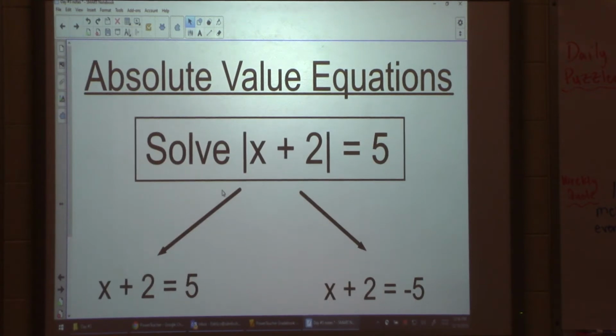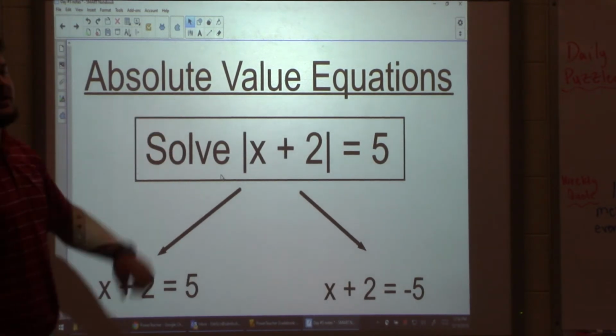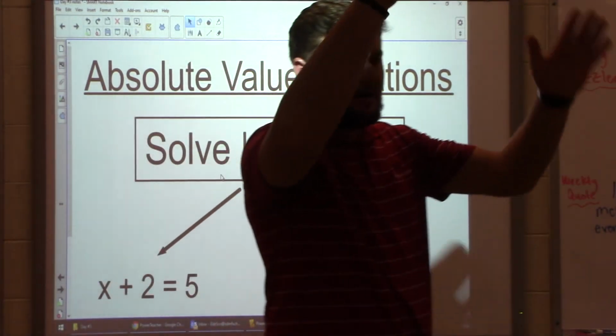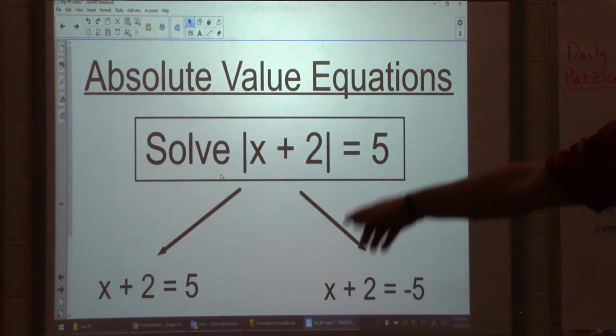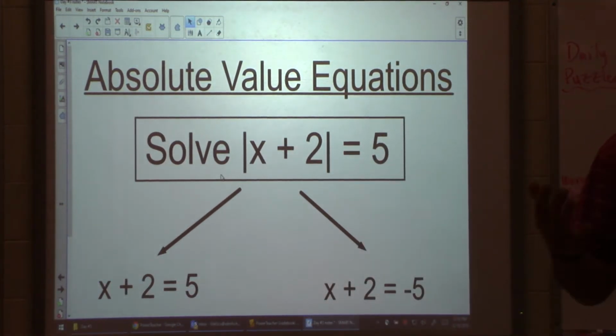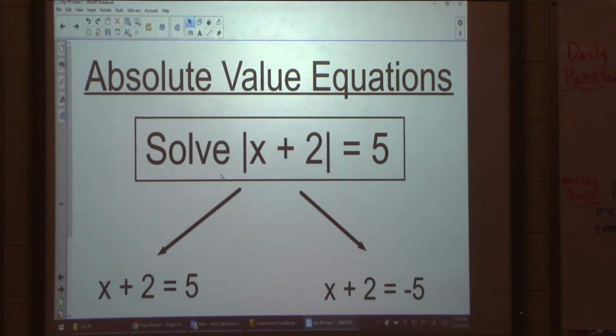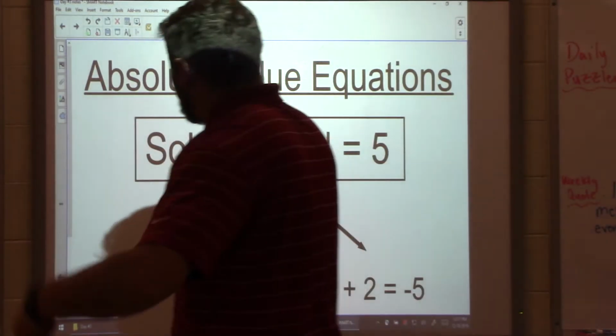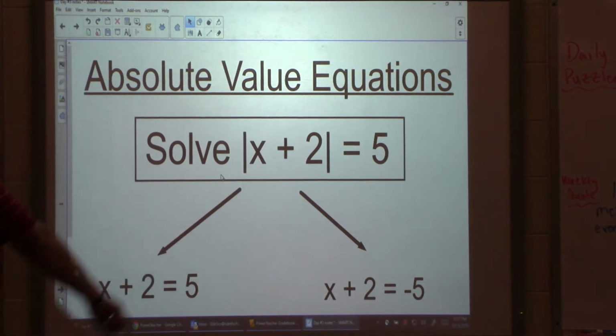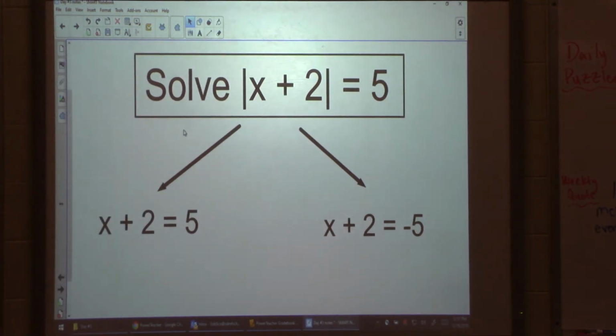When we solve absolute value equations, your first step is to get the absolute value part all by itself. Like in this case, the absolute value of x plus 2, it's already by itself. You don't need to do anything. And then you're going to split it into two pieces. x plus 2 equals 5, and x plus 2 equals negative 5. Why am I splitting it into two pieces?